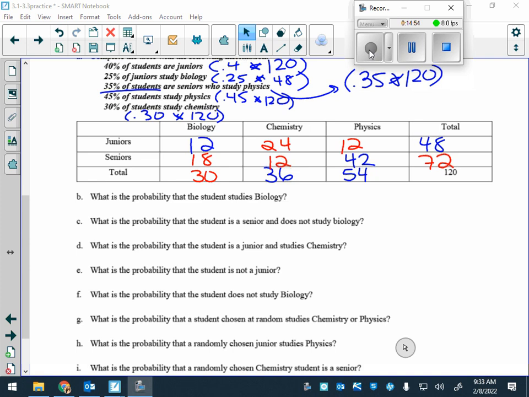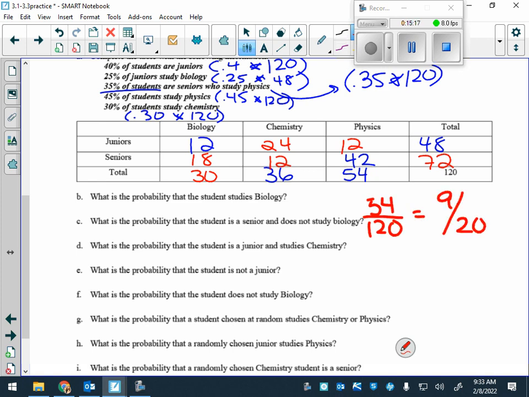So with a two-way table, you are just looking where they have those two events in common. So, does not study bio and is a senior. It's 12 plus 42, which is 54, over 120, which reduces to 9/20ths.